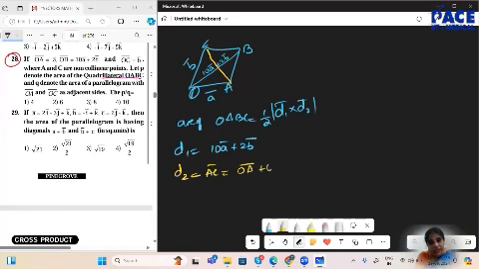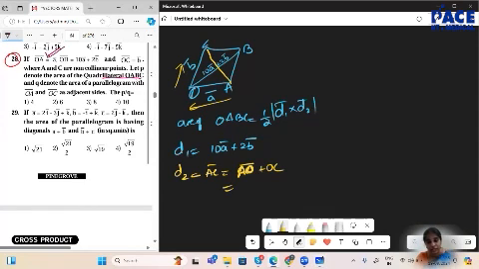Triangle law: AC is nothing but AO plus OC. OA is given as A, so AO will be minus A, plus OC is already given, which is B. Understood? So that is your D2.